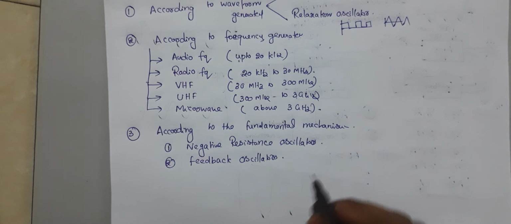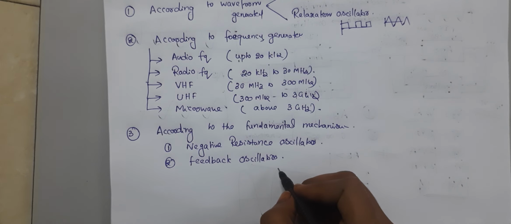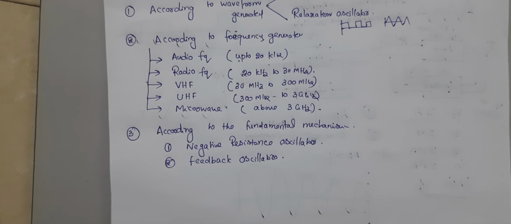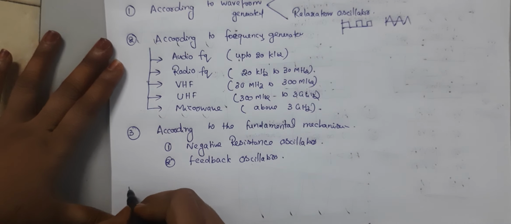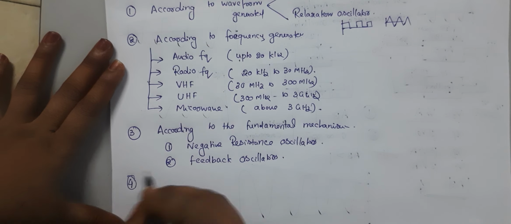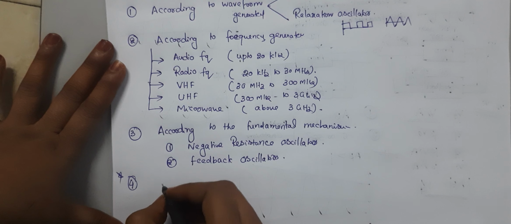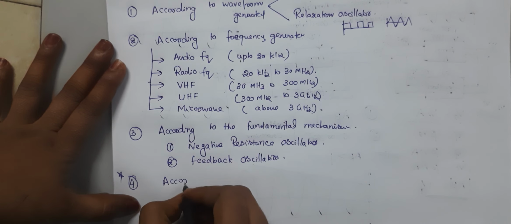Feedback oscillators use positive feedback in the feedback amplifiers to satisfy the Barkhausen criteria. Those oscillators are called feedback oscillators. Coming to the negative resistance oscillators, they use the negative resistance of the amplifying device to neutralize the positive element of the oscillators.